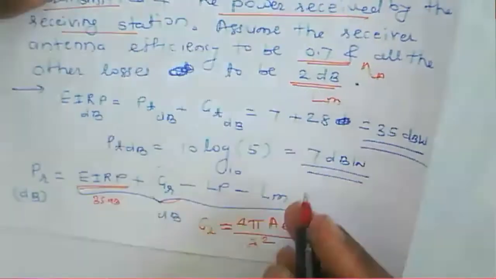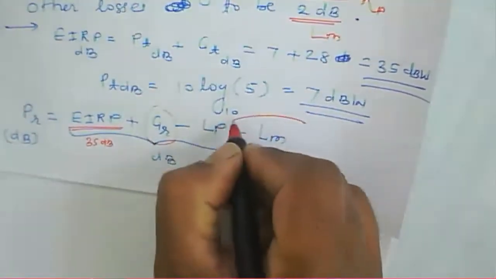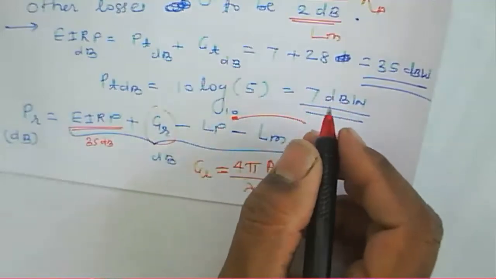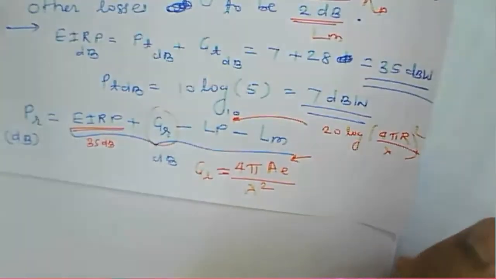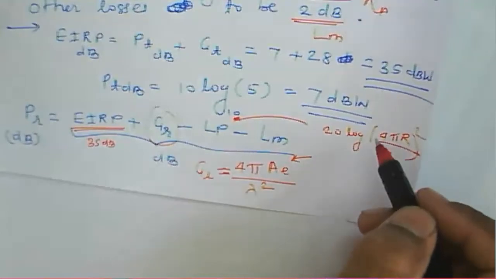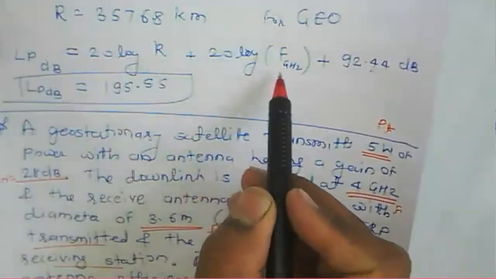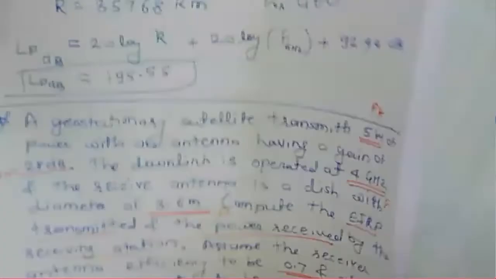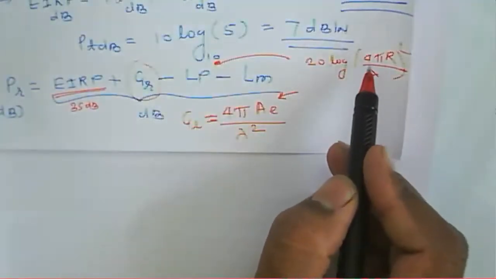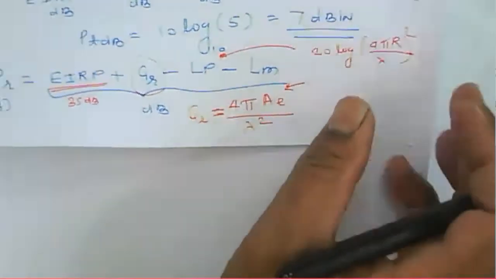So our aim is to calculate the effective aperture area AE, and then the path loss, that is 20 log of 4 pi r by lambda. Or if you separate out the terms we have seen earlier, LP is 20 log of r plus 20 log of f plus 92.44. You can use this one, or you can use directly 20 log of 4 pi r by lambda. We can write that way also.